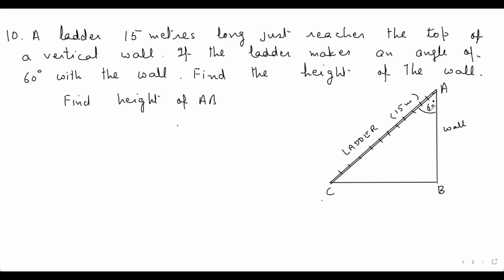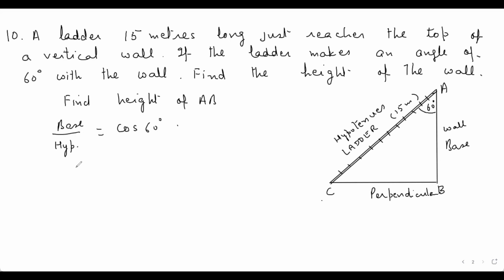Now since angle is with AB, since angle is with the side AB, so this is the base. This is the perpendicular and this is the hypotenuse. So please remember, this angle is with this side. So this is the base. Now base upon hypotenuse is equal to cos 60 degree.